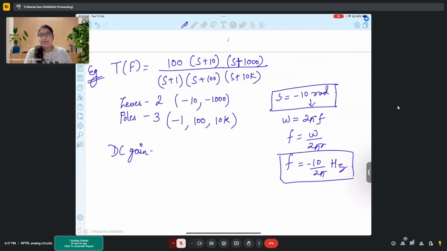DC gain basically means low frequency gain, or sometimes it is also referred to as low frequency gain. So the idea is when your frequency is very, very small, what is the gain of your system? So ideally, how do we calculate this DC gain or low frequency gain? We substitute s equal to 0.